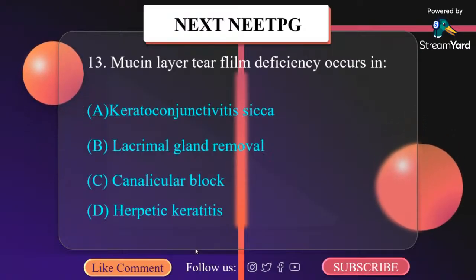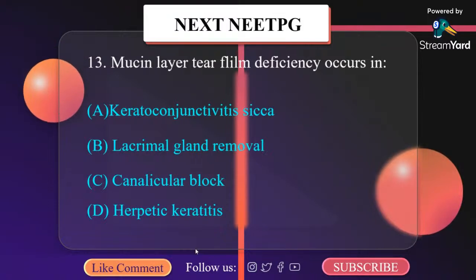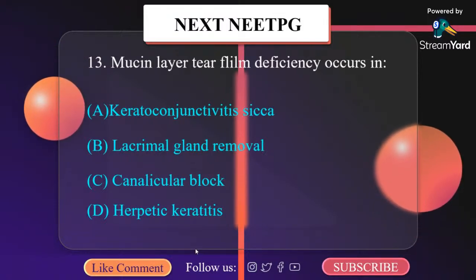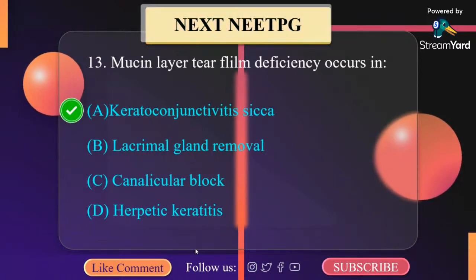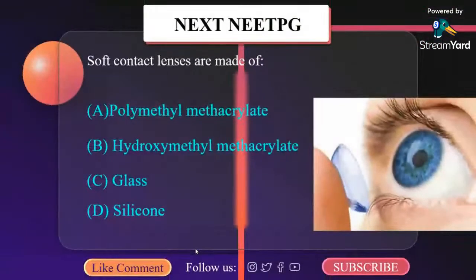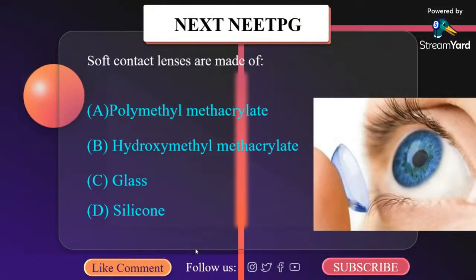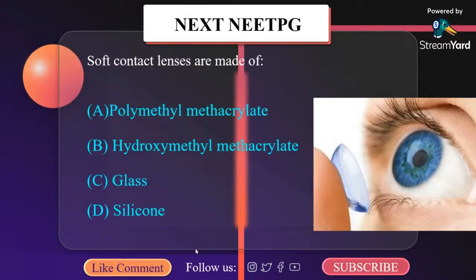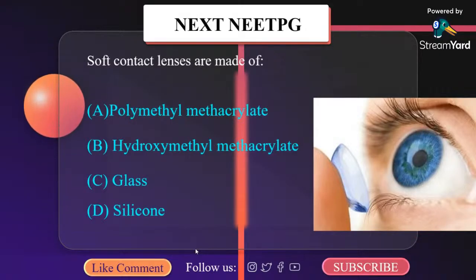It is chronic inflammation, immune complex deposition, and primarily the development of secondary Sjogren syndrome. Soft contact lenses are made up of, very important question, A. Polymethyl methacrylate, B. Hydroxymethyl methacrylate, C. Glass, D. Silicone. It is hydroxymethyl methacrylate.